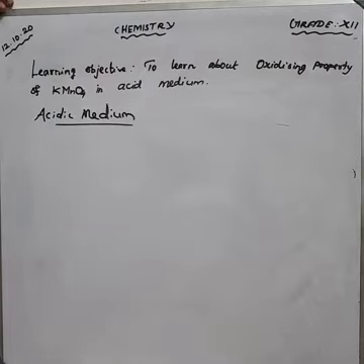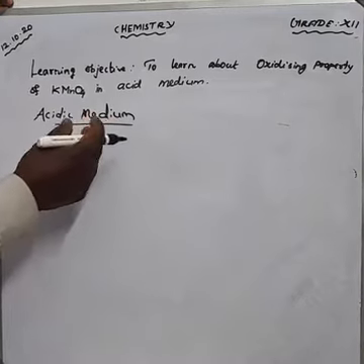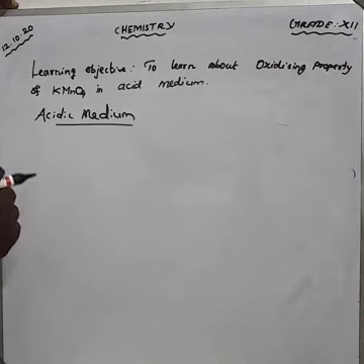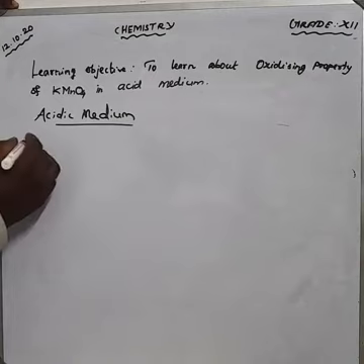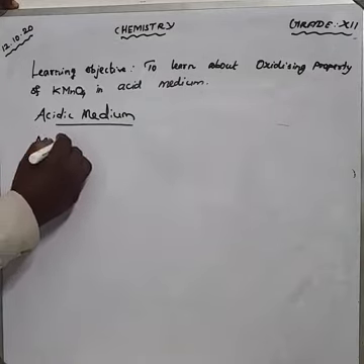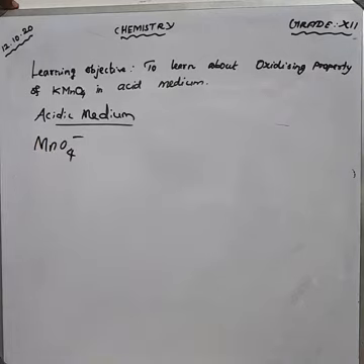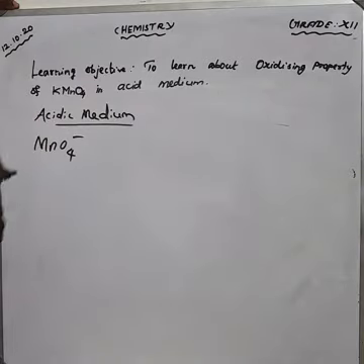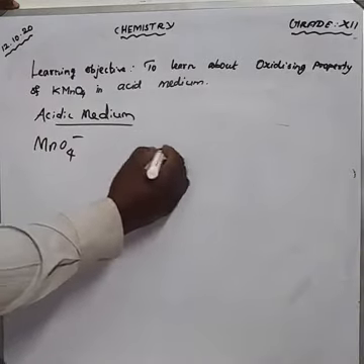In the presence of dilute sulfuric acid means we are taking H+ ions. Permanganate ion, that is MnO4- ion, is converted into Mn2+ ion.